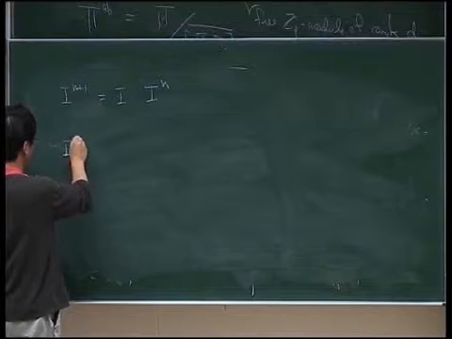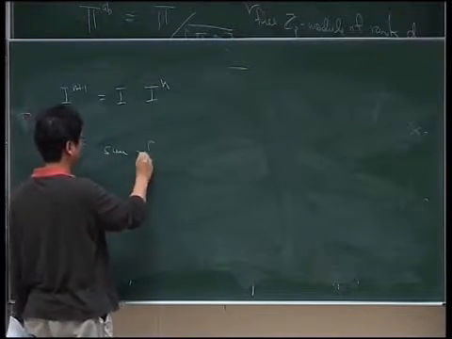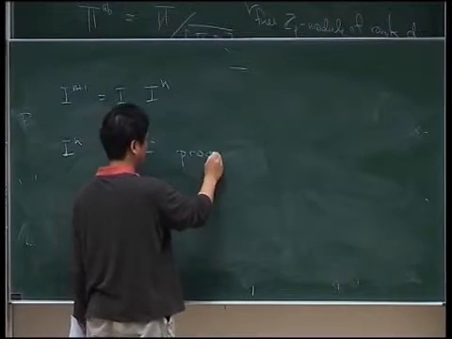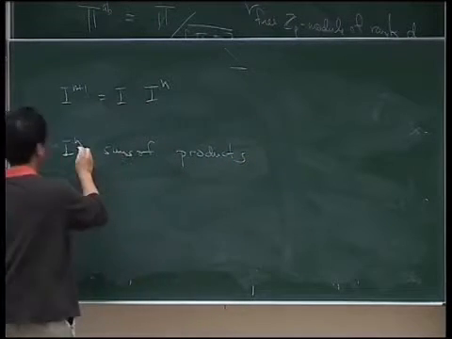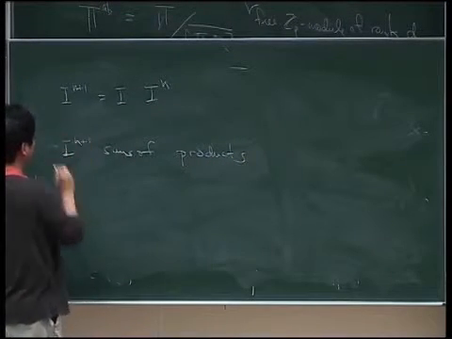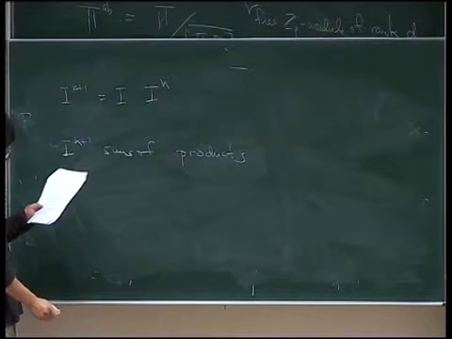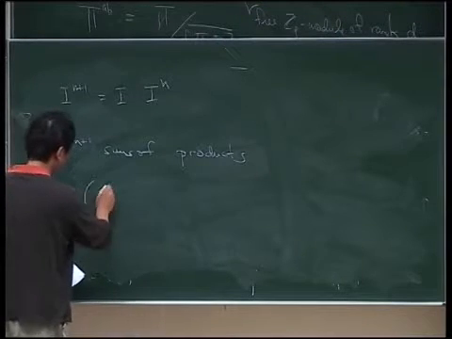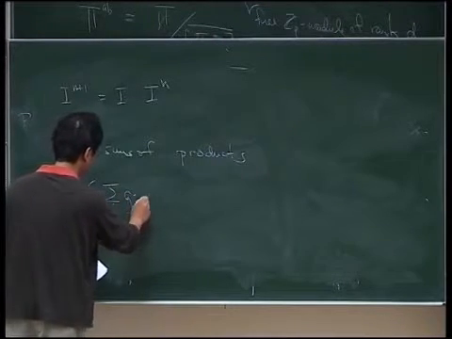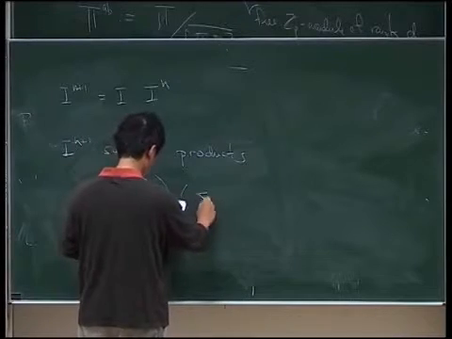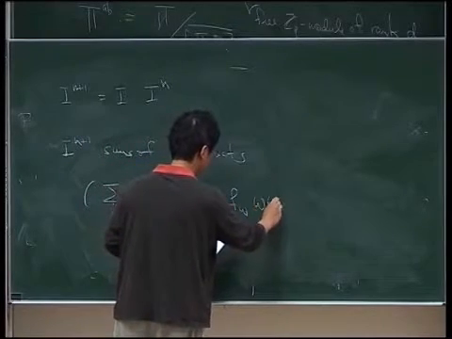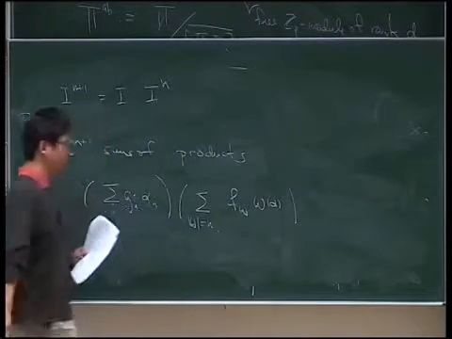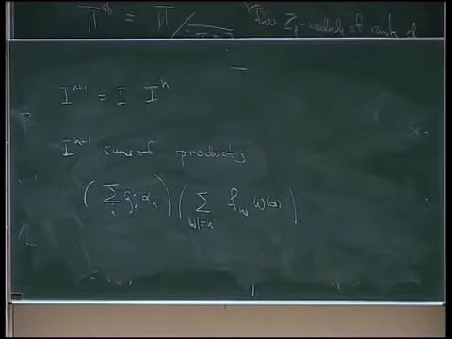So I^(n+1) consists of sums of products of the following form: summation over i of g_i alpha_i times summation of f_w w(alpha), as this runs over words of length n by the inductive hypothesis.